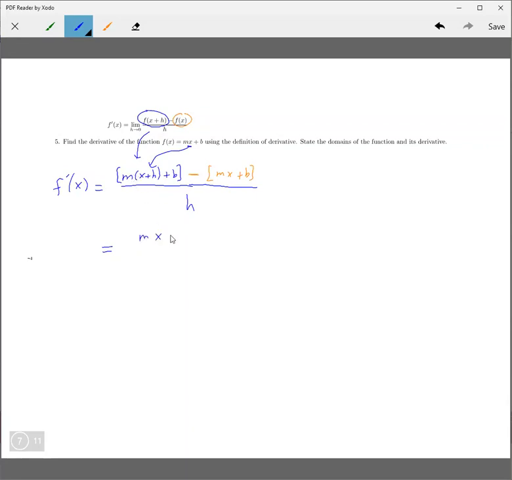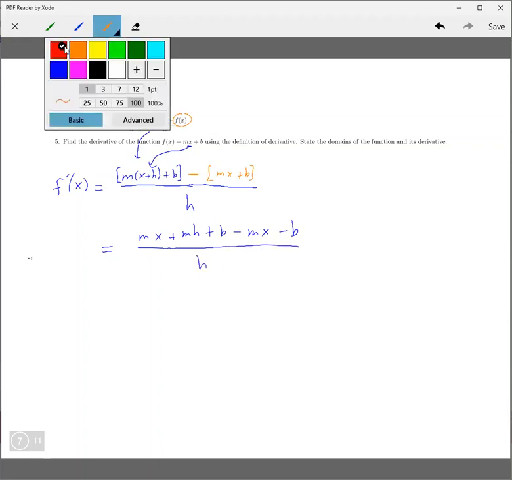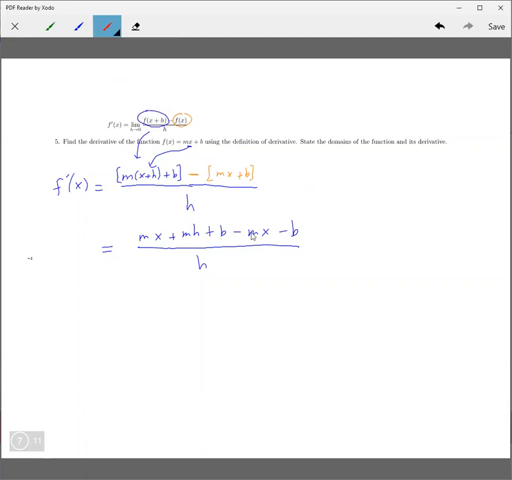So mx plus mh plus b, and then we have minus mx minus b over h. Now, generally, at this point, you're going to get a lot of things cancel out. If you don't have a lot of cancellations, then you might be doing it wrong. Lots of stuff canceled out.